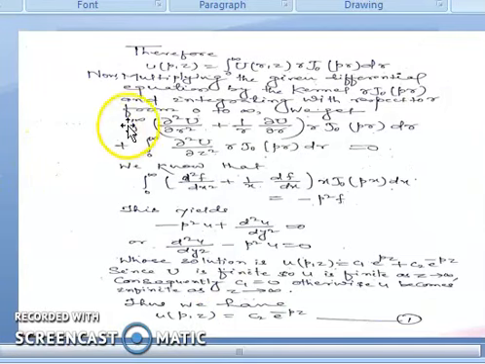Therefore, u bar of p, z equals the integral from 0 to infinity of u of r, z times r J0 of pr dr. Now multiplying the given differential equation by the kernel r J0 of pr and integrating with respect to r from 0 to infinity, we get the integral of del square u upon del r square plus 1 by r del u upon del r times r J0 of pr dr, plus the integral of del square u upon del z square times r J0 of pr dr, equal to 0.